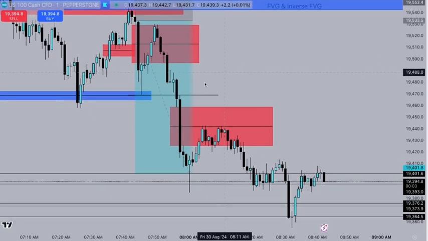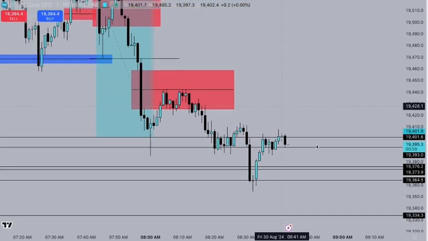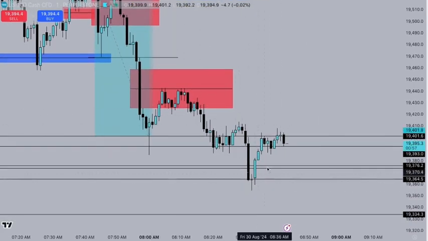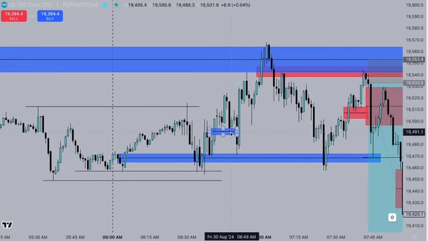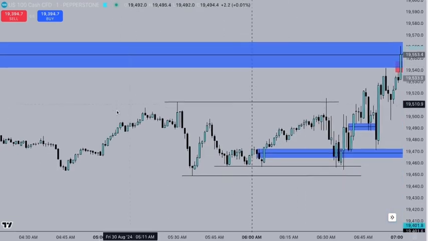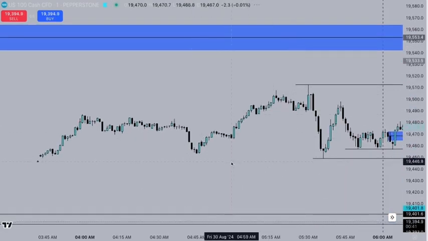So yeah, that's basically came up to here, gathered some orders, came back down, took all this, and then right here we have an inverse fair value gap right here. You can use that. You can use this. Just watch the market and go mark these out.